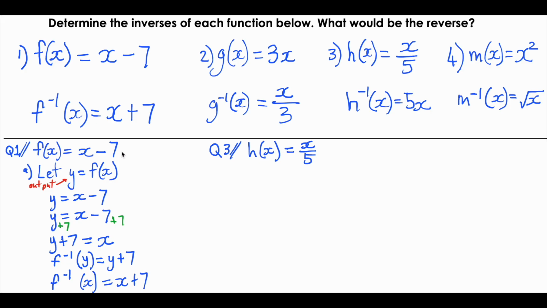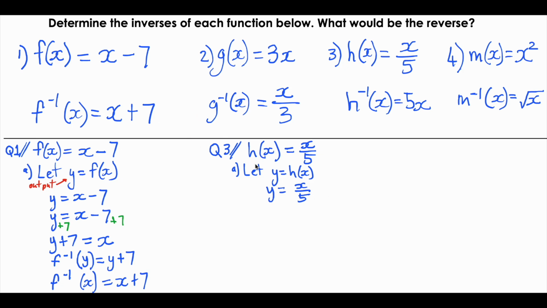All right. So then we start off again here. Let y equal h of x in this case. So therefore I would be saying that y is equal to x over 5. All right. Now I have y here, and the opposite of dividing by 5 is multiplying by 5.